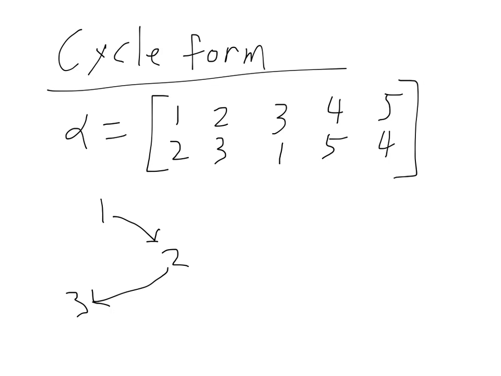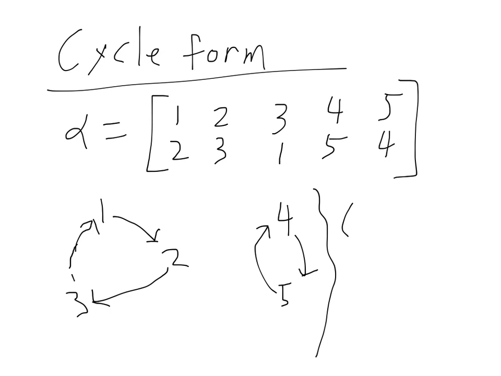And then 3 is mapped back to 1, closing the cycle. 4 is mapped to 5, which is then in turn mapped back to 4, closing the cycle.